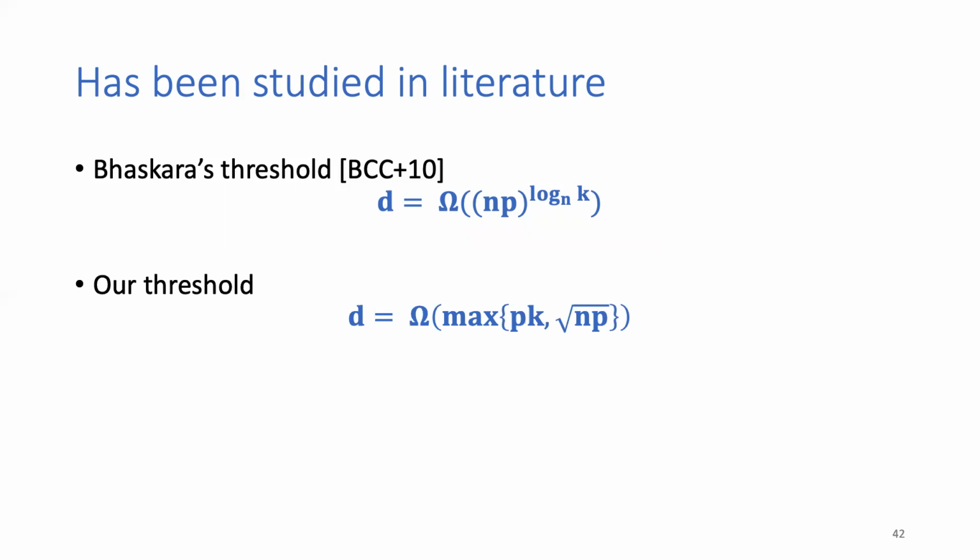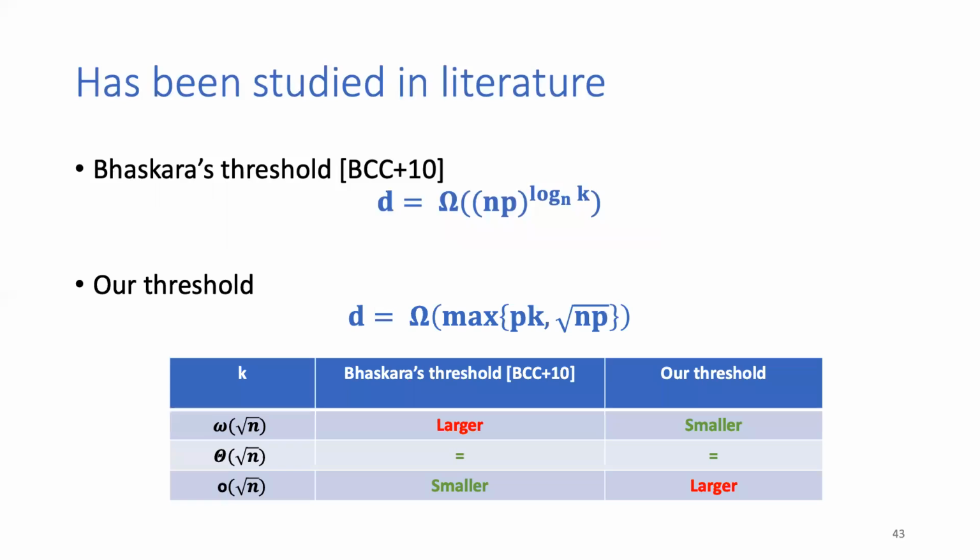For the sake of comparison, consider different ranges of k, and recall that the smaller the threshold, the better our algorithm is. From this chart, one can see that in certain ranges of k, our algorithm has a smaller threshold. In certain ranges the threshold is equal, and in certain ranges their algorithm beats ours.